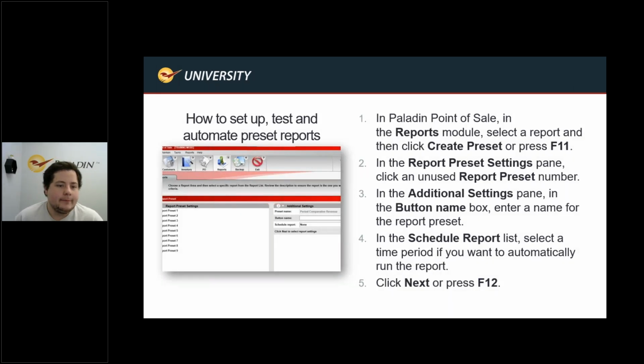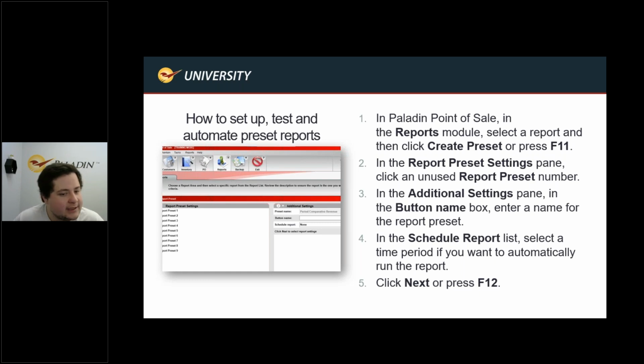All right, next up, we want to set up, test, and automate preset reports. I won't necessarily run through all of this information, but this is how you set up automated reports. This is all pulled directly from our knowledge base article. So if you're interested in doing this, either come back and review this webinar or go onto our knowledge base website and type in automate reports or automated reports.